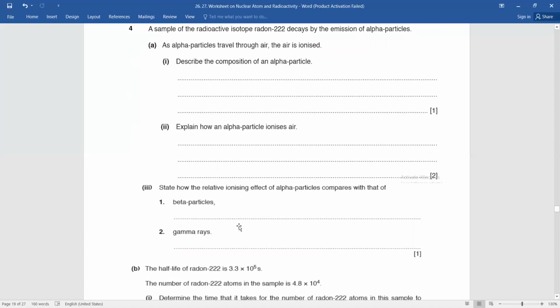Okay, read it. A sample of radioactive isotope radon-222 decays by the emission of alpha particles.